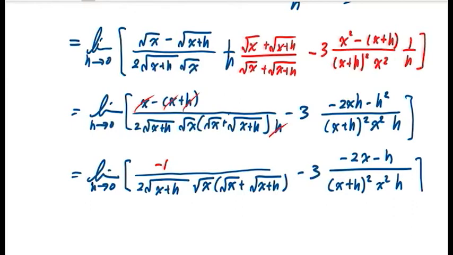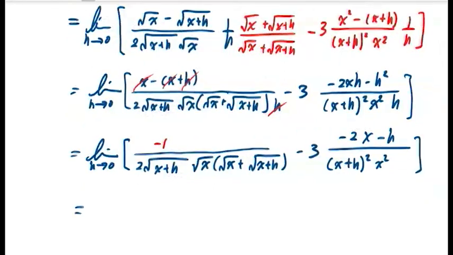You with me? And then this h cancels. Oops, I'm dumb. I already canceled it and I wrote that h again. x minus h. I already canceled the h. Good.